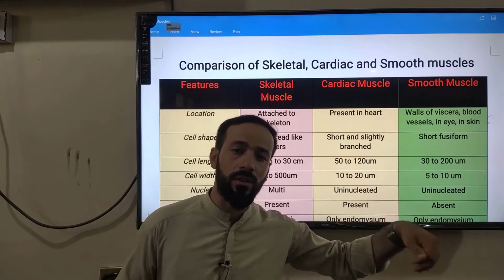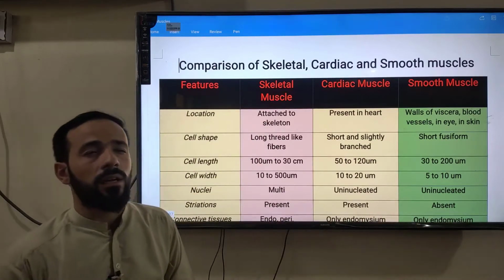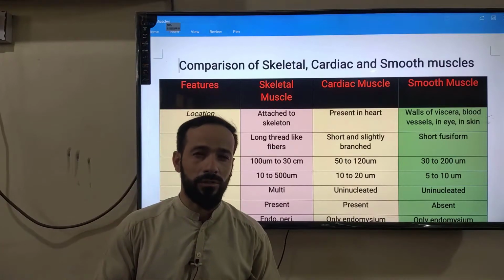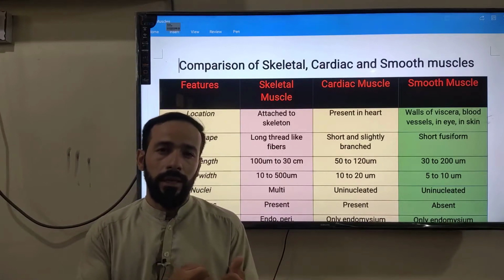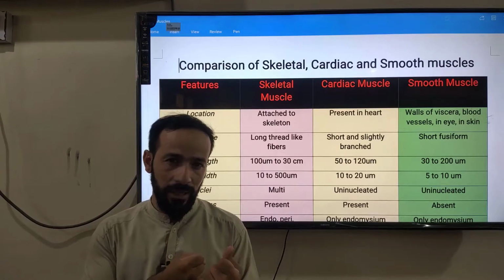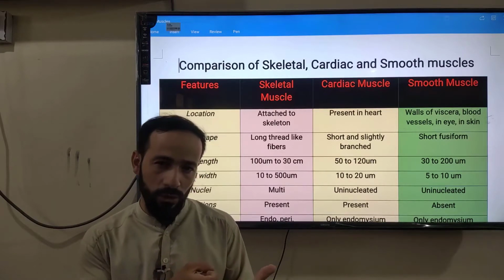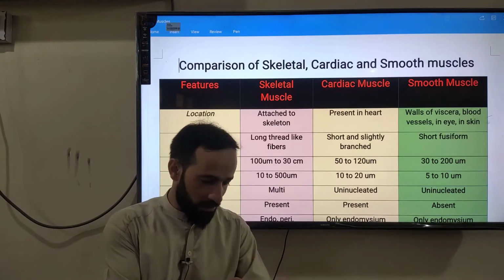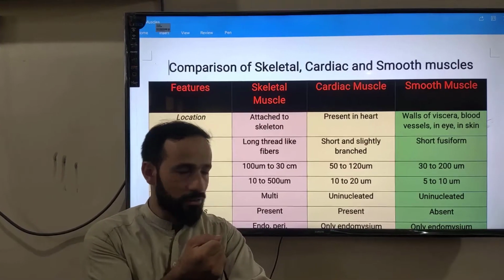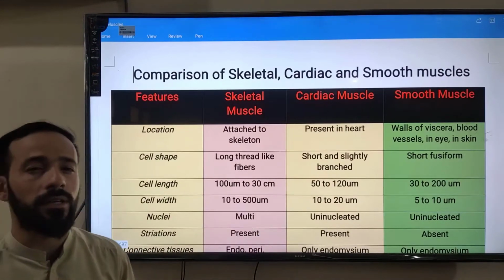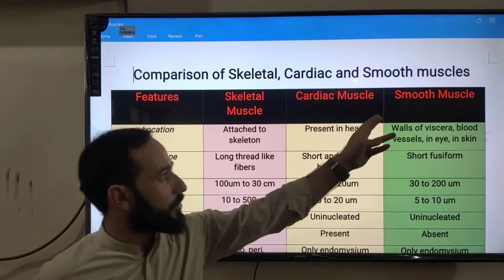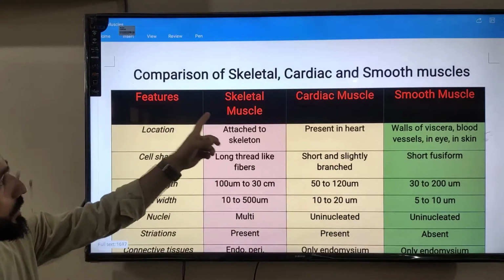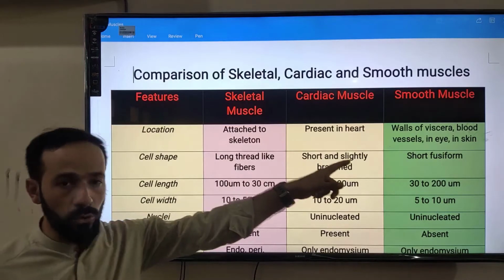And in our skin, the erector pili muscle, which is connected to the hair root and makes our hairs stand erect, is also a smooth muscle. So the first feature is the location.